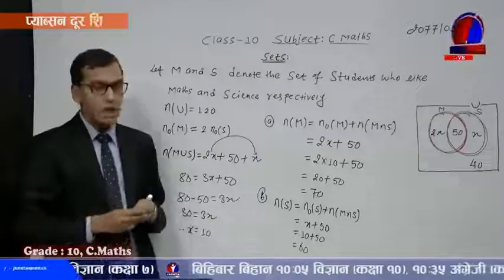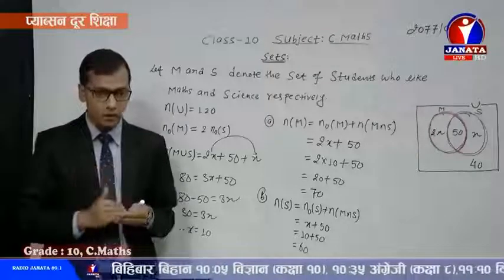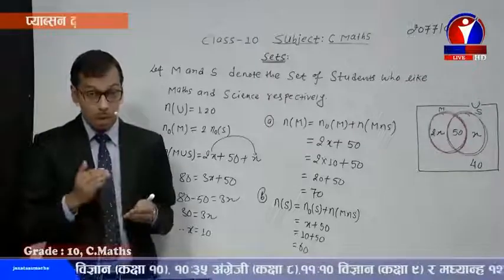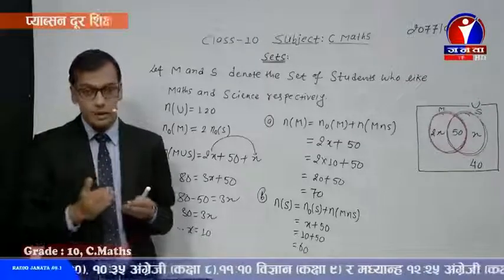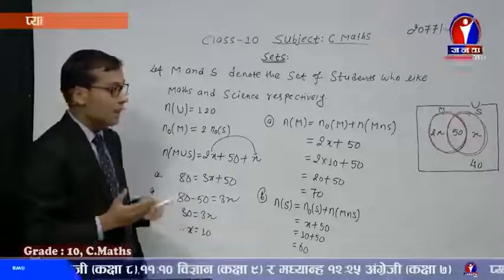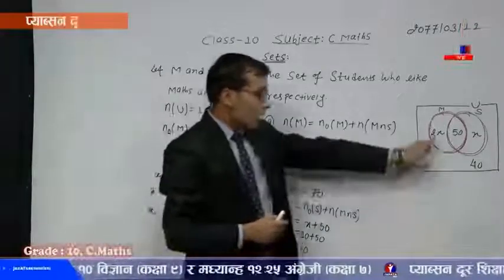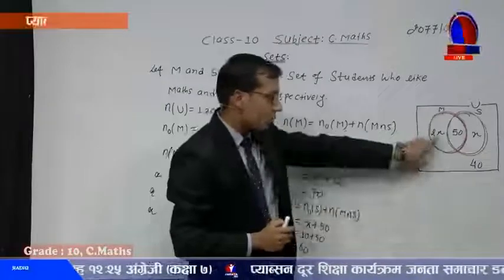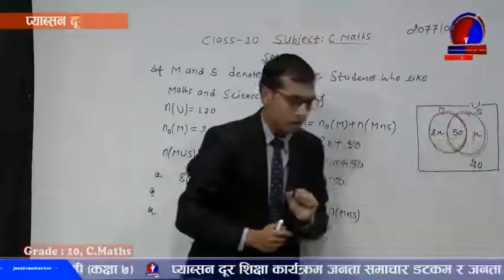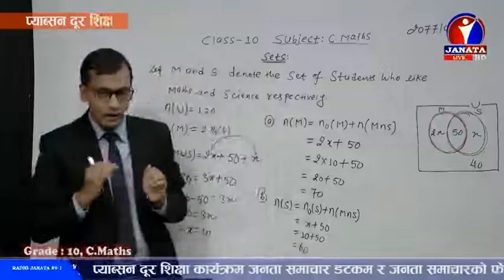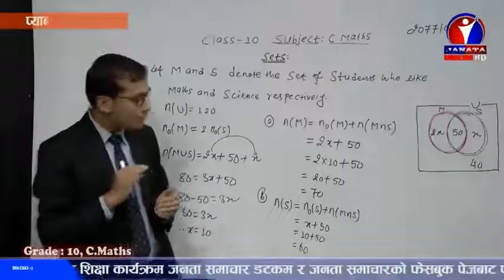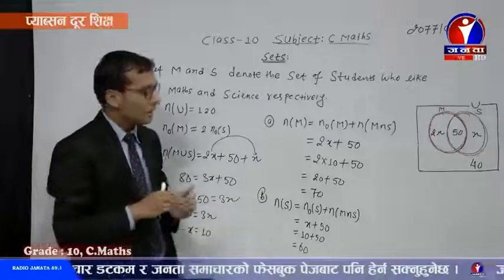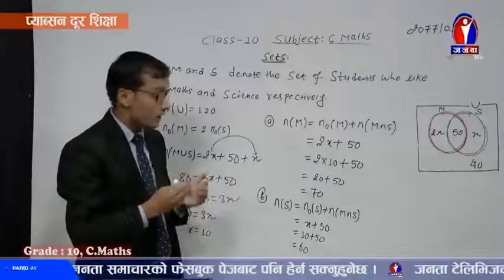The meaning of at least one is minimum one subject. Students must pass minimum one subject, but they can pass two subjects as well. So for at least one, we take M union S. So 2x plus 50 plus x, because the student should pass in minimum one subject, and can also pass both subjects.